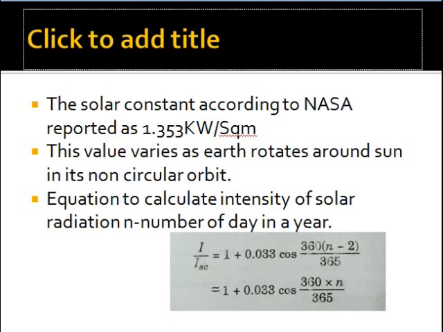And this 1.353 kilowatt per square meter is expressed in different units. It is equal to 116.5 Langleys per hour, or 1165 kilocalories per square meter per hour, or it can be represented as 429.2 BTU per square feet per hour.